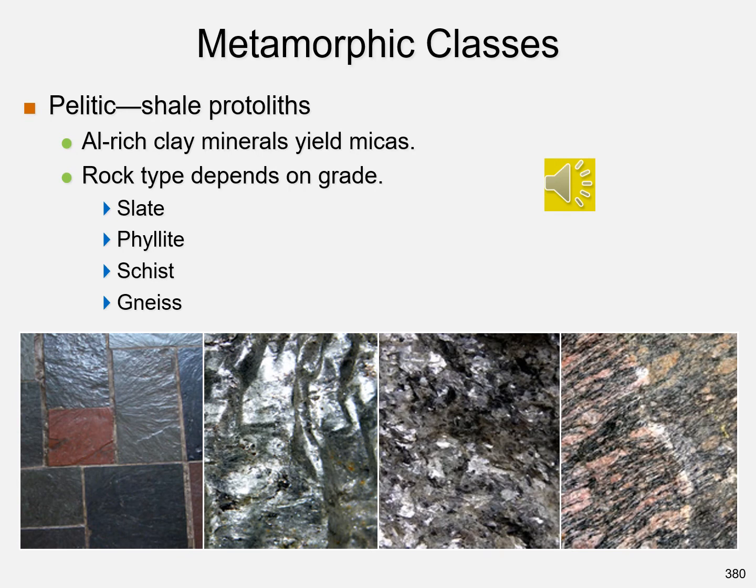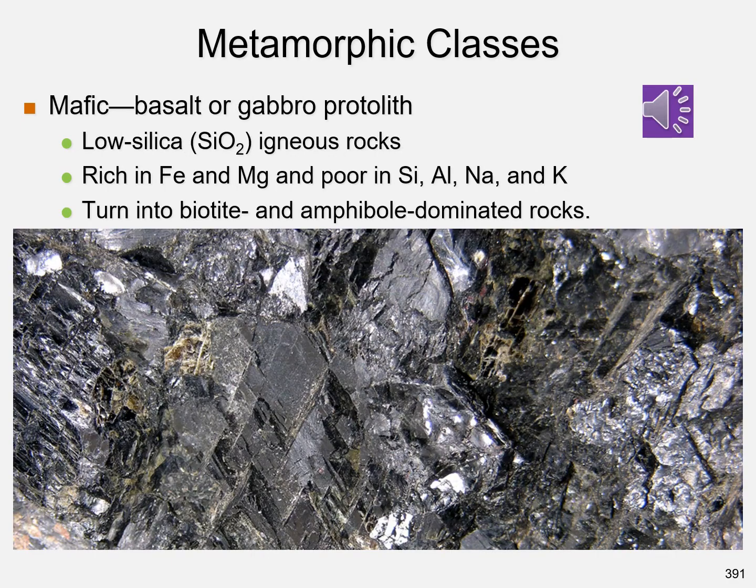Pelitic metamorphic rocks form from a sedimentary protolith composed of shale or mudstone. The clay in shale or mudstone contains a variety of elements, including aluminum. So pelitic metamorphic rocks contain aluminum-bearing minerals such as muscovite. Mafic metamorphic rocks contain relatively little silica and an abundance of iron and magnesium.